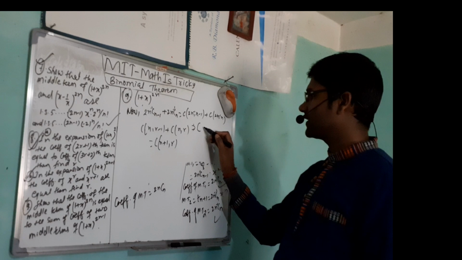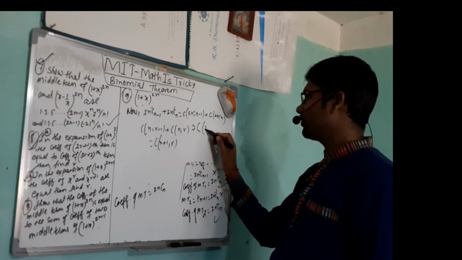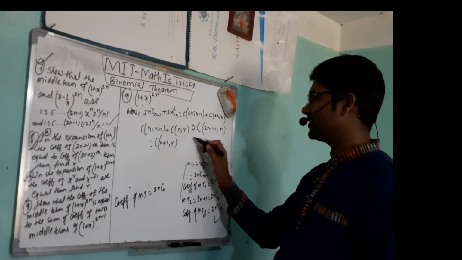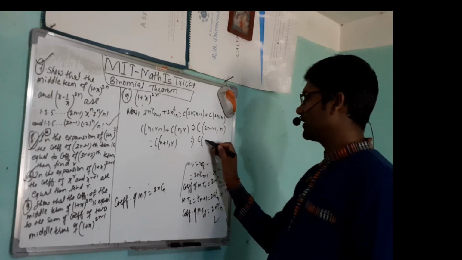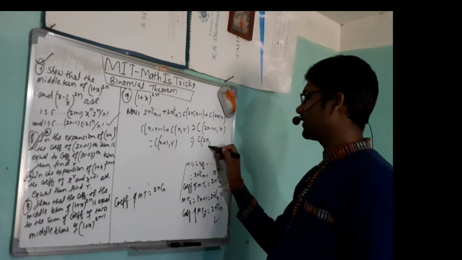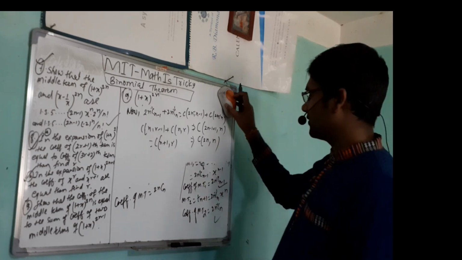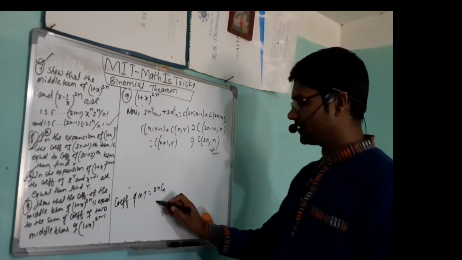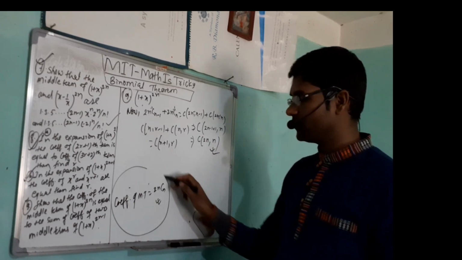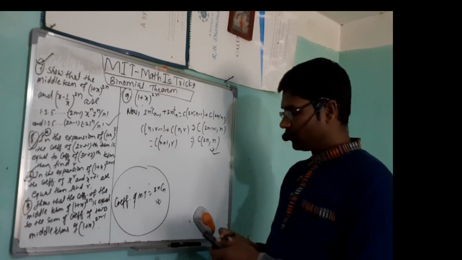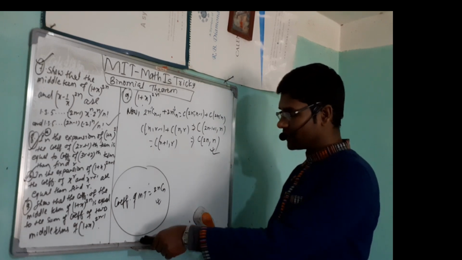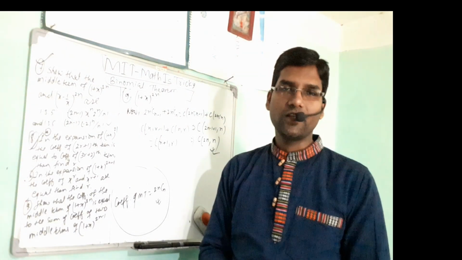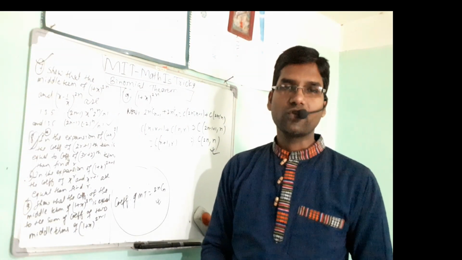So we get the answer as (2n-1+1) C n, which is equal to 2n C n, and which is the same as the coefficient of the middle term of the first expression. Hope you understood this, and if you have any confusion, please share with me so that I can help you. I'm always there to support you all.